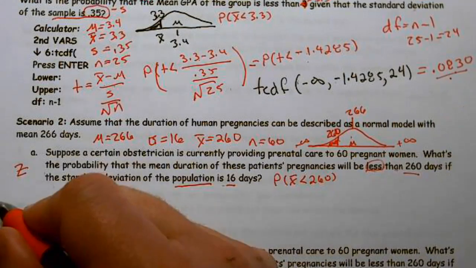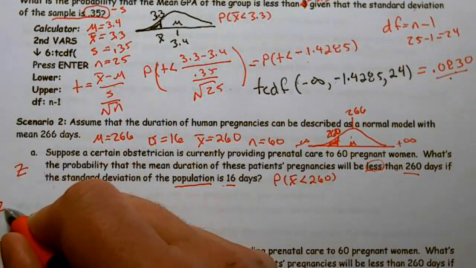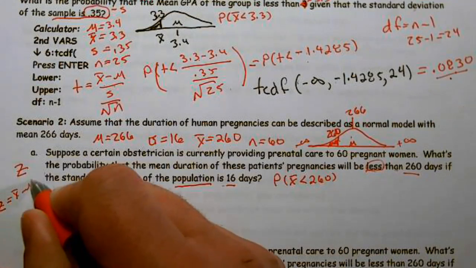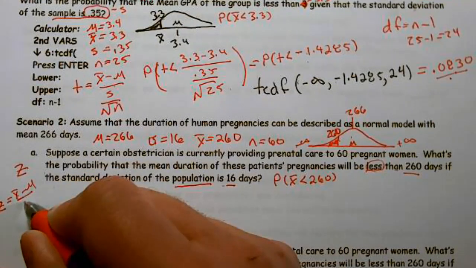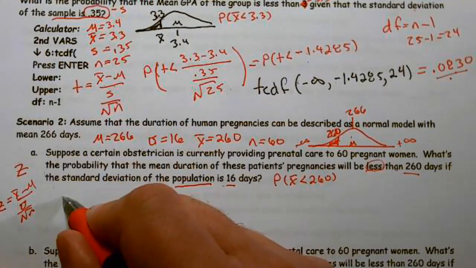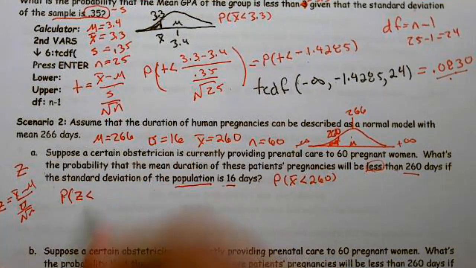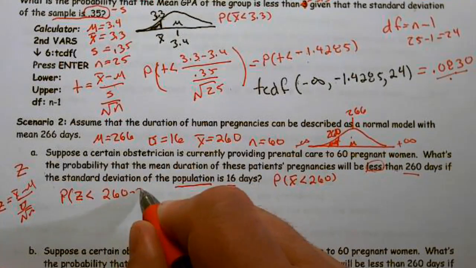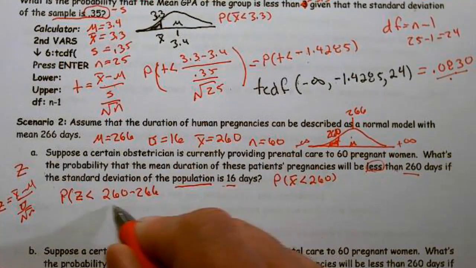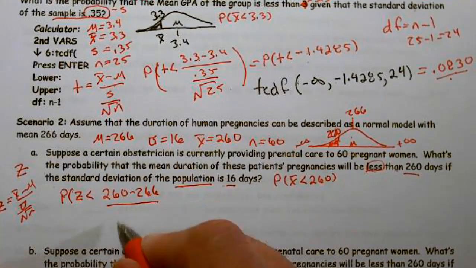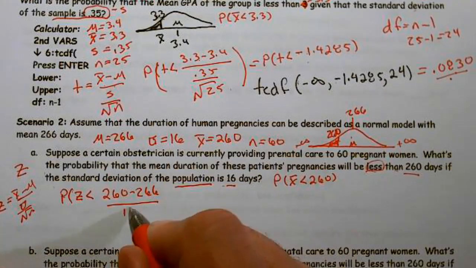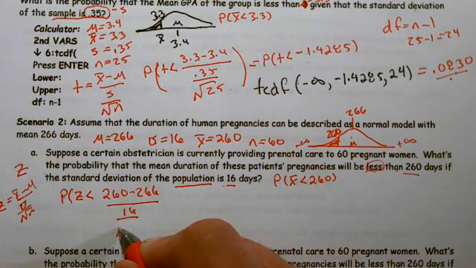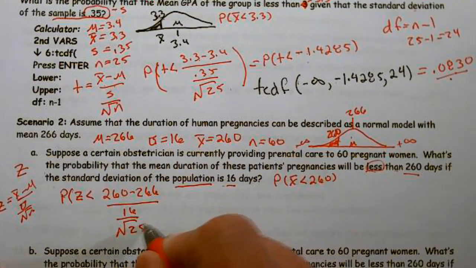Once again, we're working with a Z, and our Z formula is Z equals X bar minus mu over sigma divided by the square root of N. So I'm looking for the probability that Z is less than 260 minus 266 over our standard deviation of 16 divided by the square root of 25.